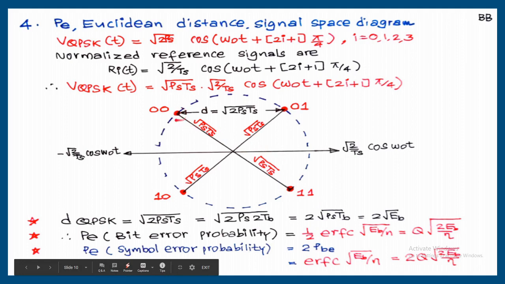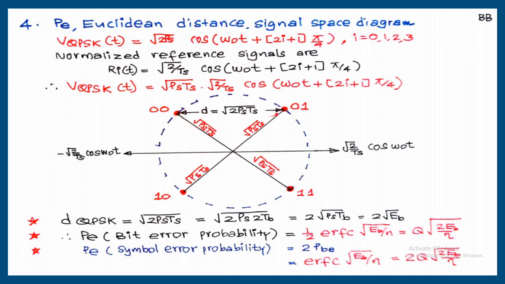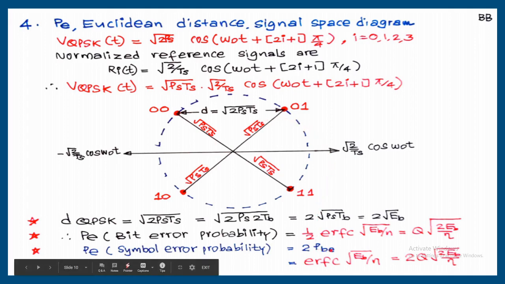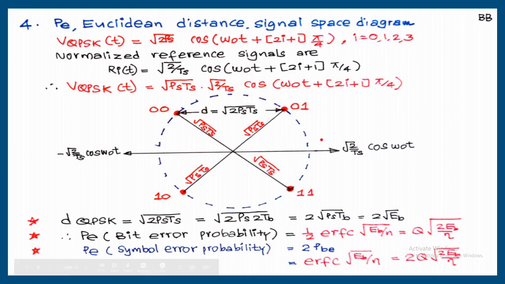Here, with respect to any one symbol, there are only 2 adjacent symbols. If there are only 2 adjacent symbols, then 2 into probability of bit error will be PSE, probability of symbol error. And the answer is complementary error function square root of EB by eta. That again can be written as 2 into Q of root 2 EB by eta.